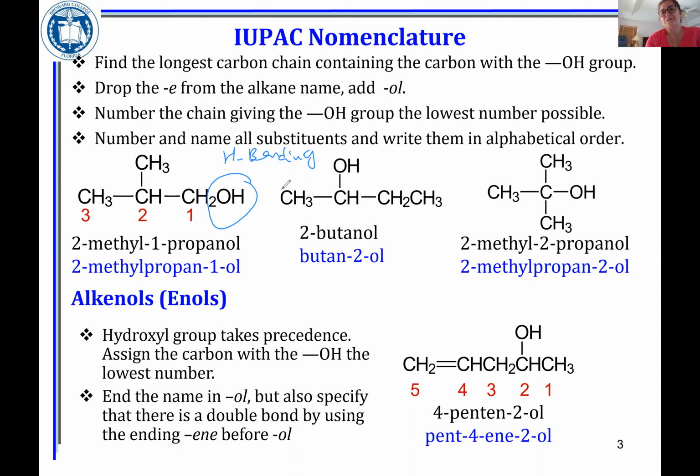And that gives specific properties to alcohols: one, a higher boiling point compared to other compounds with similar molar mass that don't have hydrogen bonding, like alkanes, alkenes, or ethers. And second, solubility.